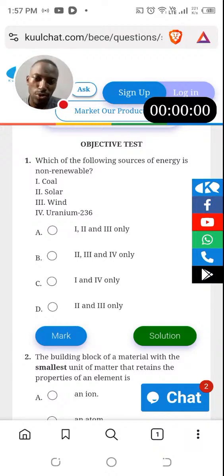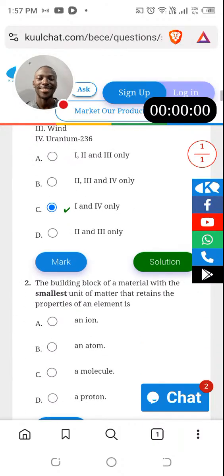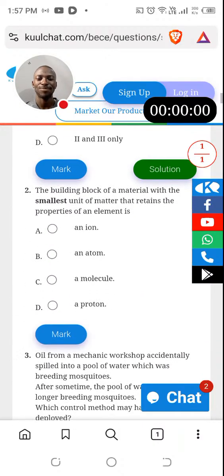So which of them is non-renewable? Coal is non-renewable, and uranium is also non-renewable. So go for I and IV. Let's check. Good. So we've got 1 out of 1. Next question.